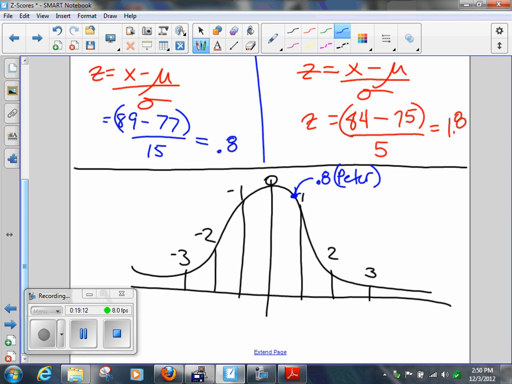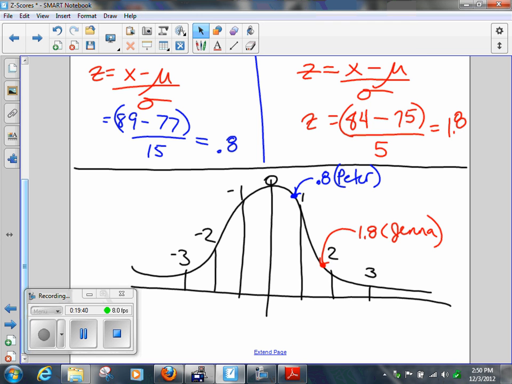And then 1.8, which is Jenna. She's right here, okay? I can look at that and tell who did better because we're comparing two separate tests. So I'm thinking that Jenna probably did better, but let's figure out why, okay?